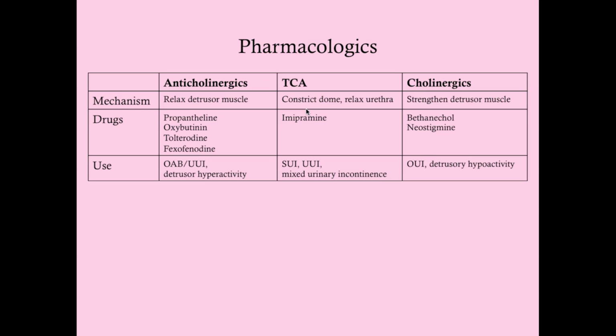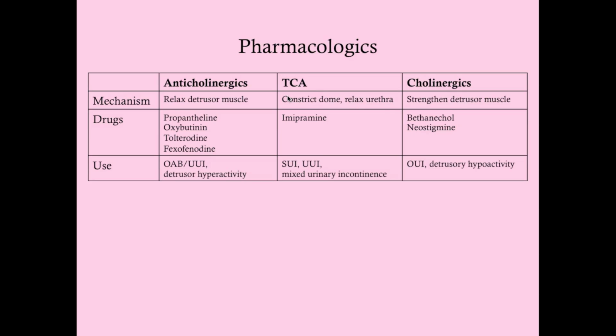Tricyclic antidepressants. The one we're talking about here is imipramine. What does a tricyclic antidepressant do? Well, it has some alpha adrenergic activity. If you look at the biochemistry of these tricyclic antidepressants, you'll see that they do have alpha adrenergic activity. Actually, this should be the opposite way: relax dome and constrict urethra.